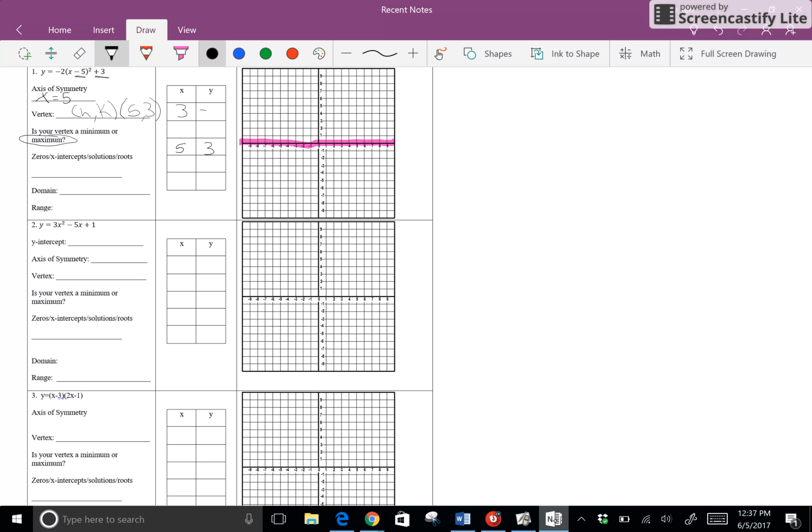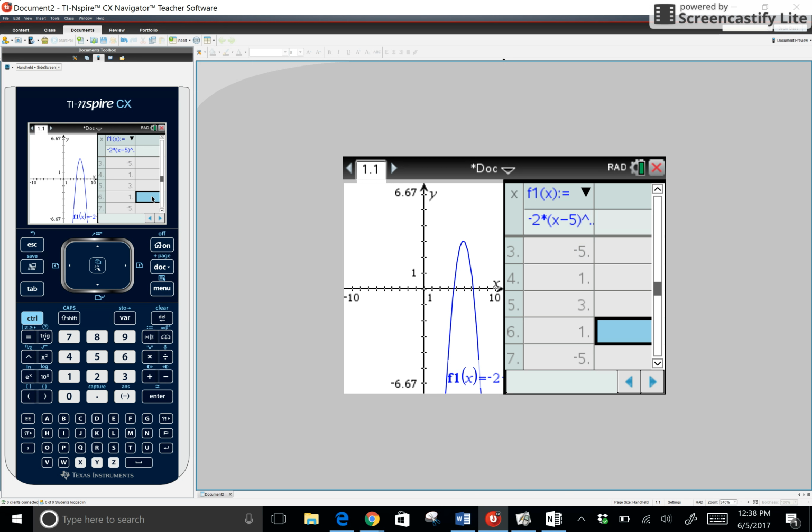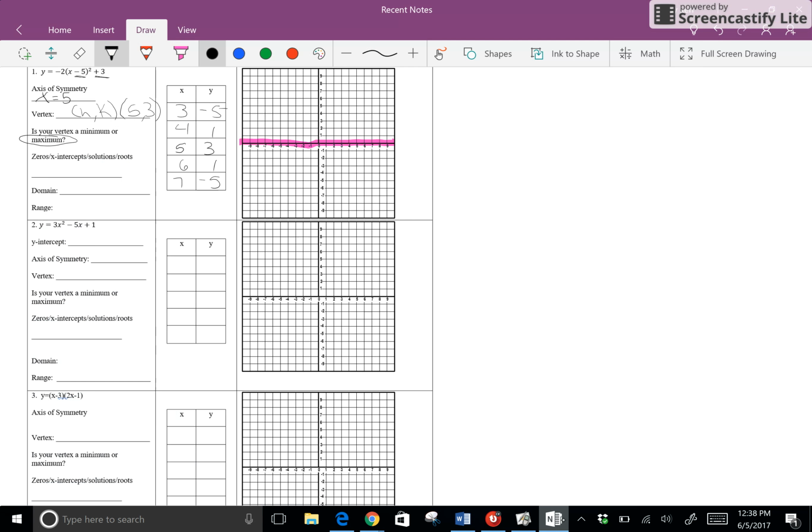So 3, -5, 4 comma 1 comes next, 5 3's in the middle, then 6 1, and then 7 -5. Now you just want to verify that it's exactly the same table, which it is, and then plot your points.